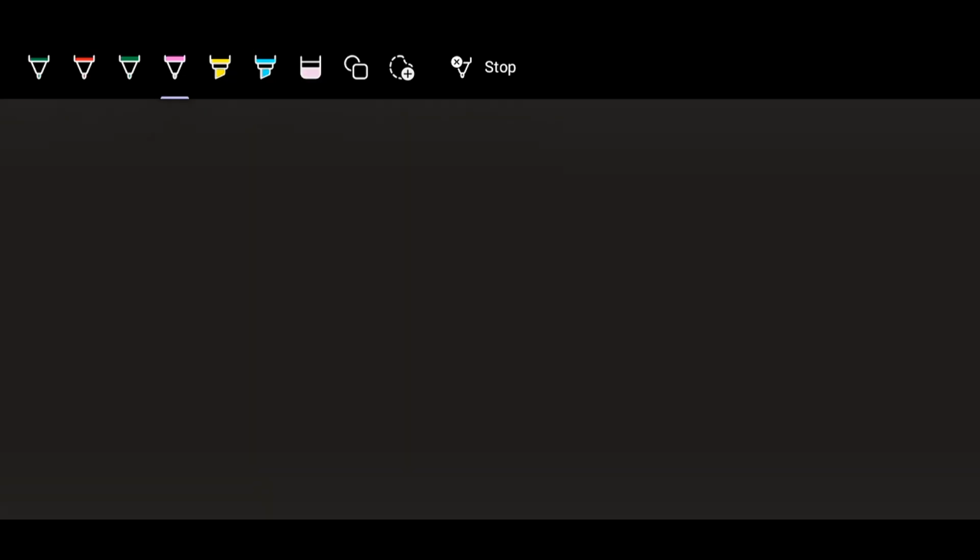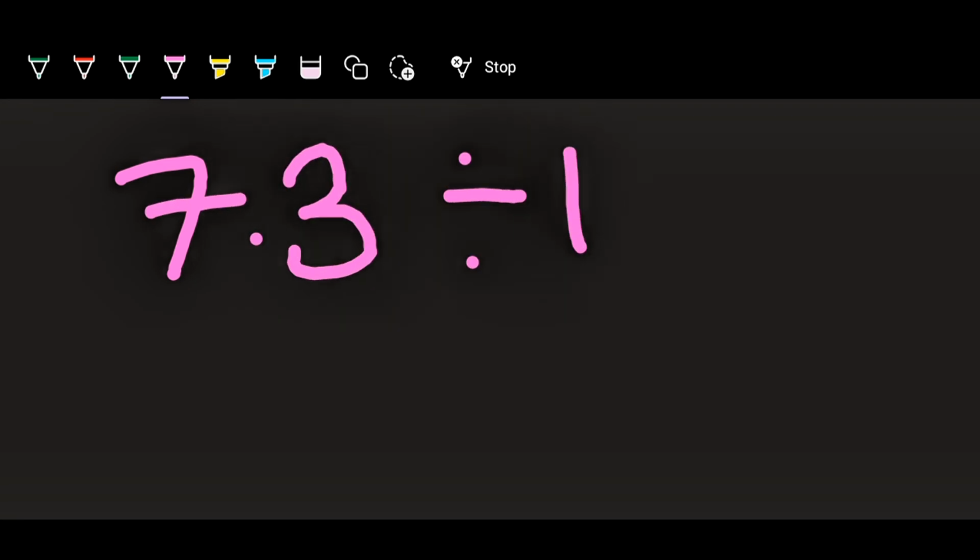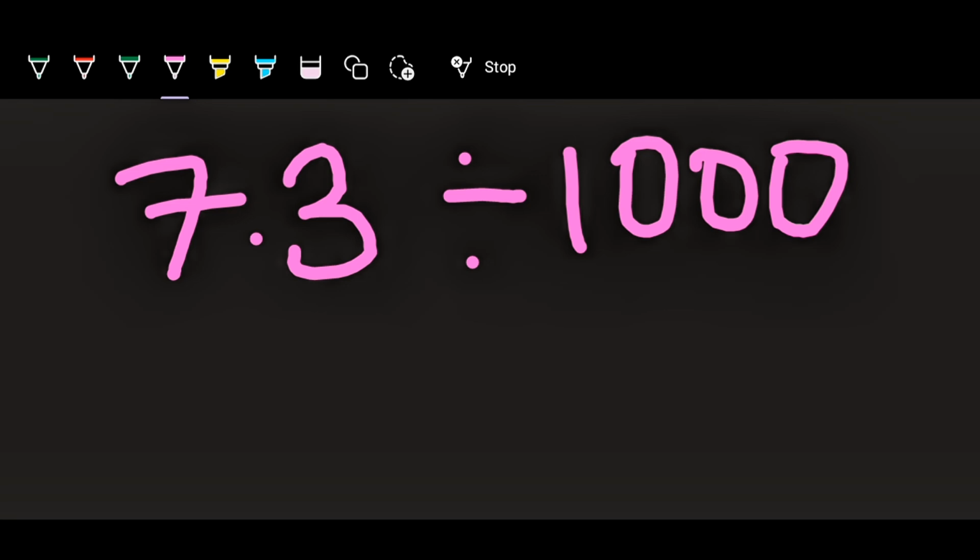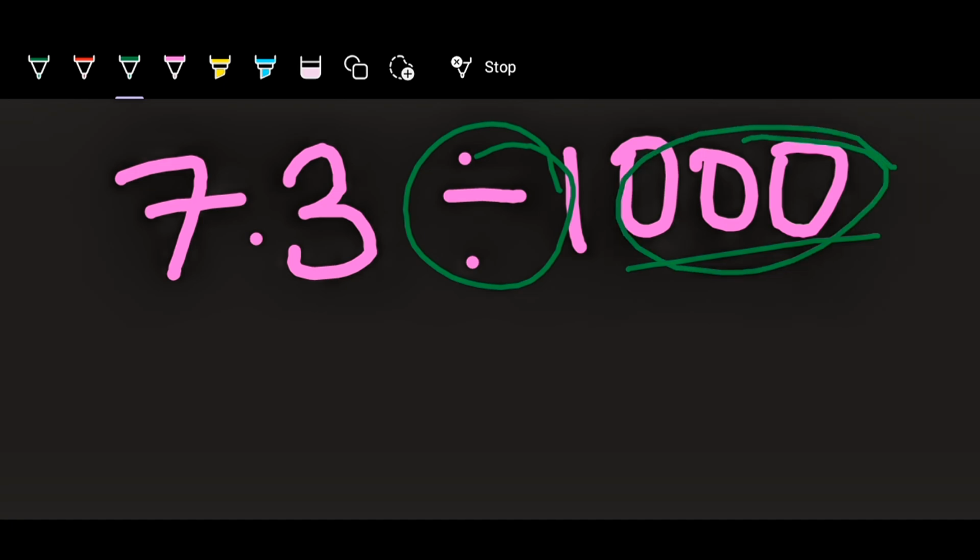Let's try another one. So we have, let's say, 7.3 divided by 1,000. How would we do this one now? Again, we have three zeros, and now we're dividing. So we're going to move to the left. Agreed? Agreed. So we're going to move 3 times to the left. 1, 2, 3.